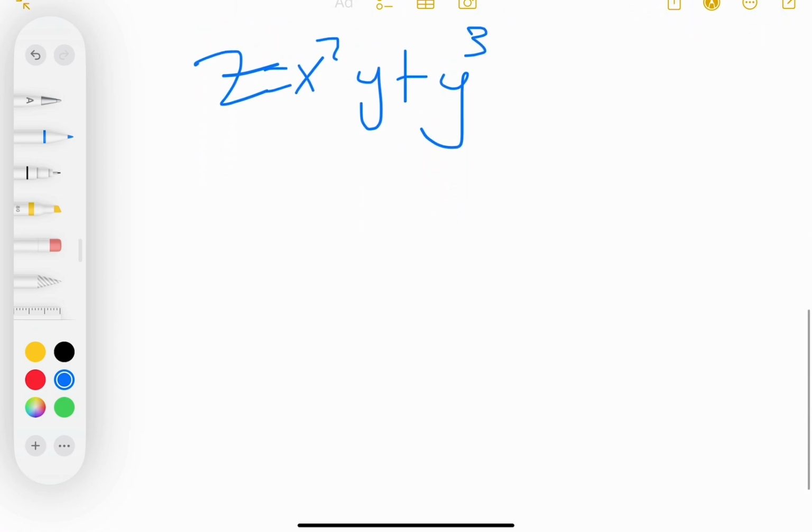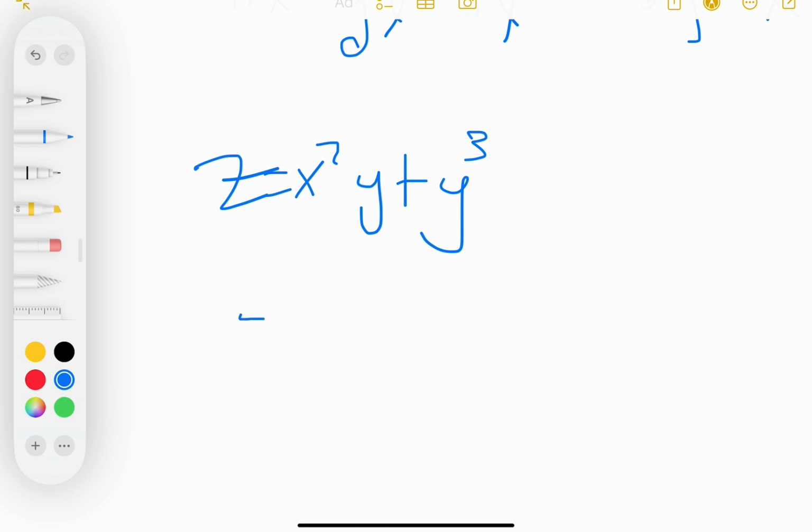So we want dz/dt, so we need to apply the chain rule of partial derivatives. We'll start with finding the derivative with respect to x first.